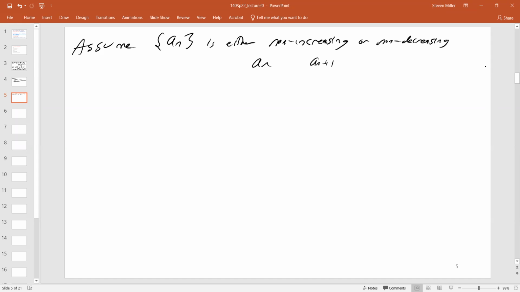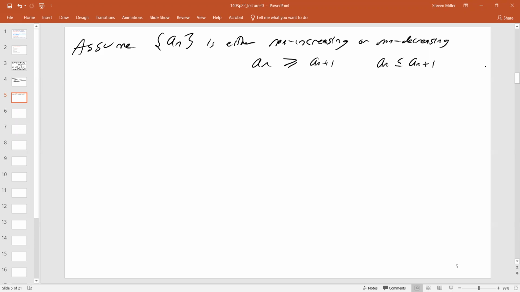What must be the relationship if you're non-increasing? Given that I'm writing a_n and a_(n+1) here, how would you write it? a_n has what relation to a_(n+1)? Is greater than or equal to. So we have to remember the equal to. Non-increasing is not the same as decreasing. You could allow yourself to have the same value. If we're non-decreasing, that would mean a_n is less than or equal to a_(n+1).